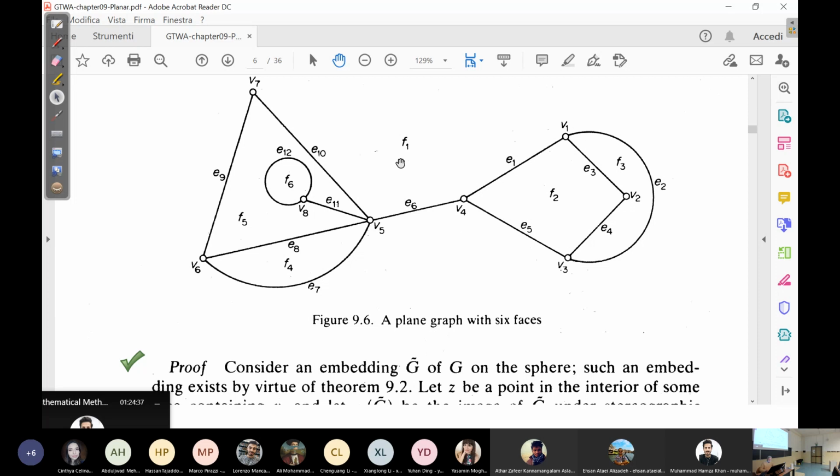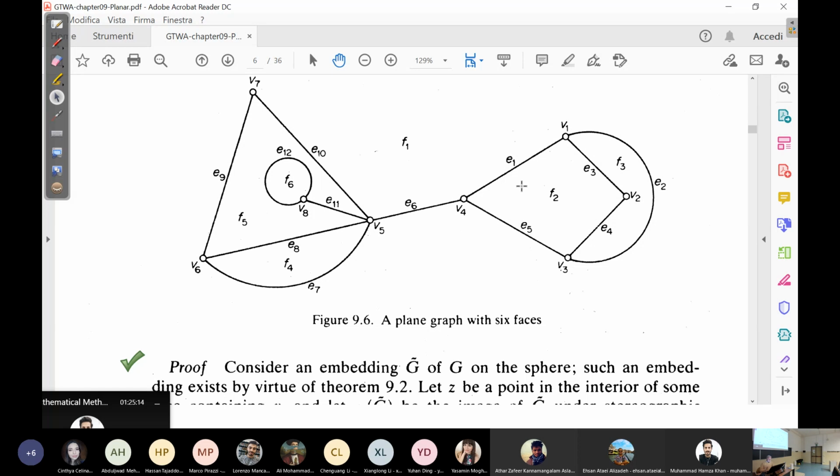And also here, this is also true for F1, the exterior face, okay? Here we have another cut edge, and so we can go around the boundary of F1 in this way. E9, E10, E6 from V5 to V4, E1, E2, E5, E6 from V4 to V5, and then E7. Where did I start? Okay, so now we close, okay?